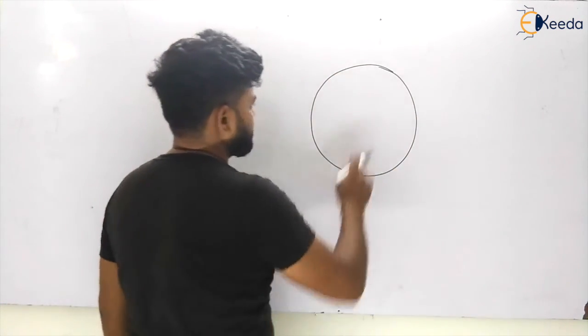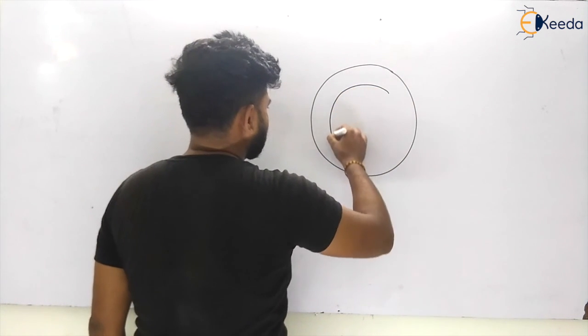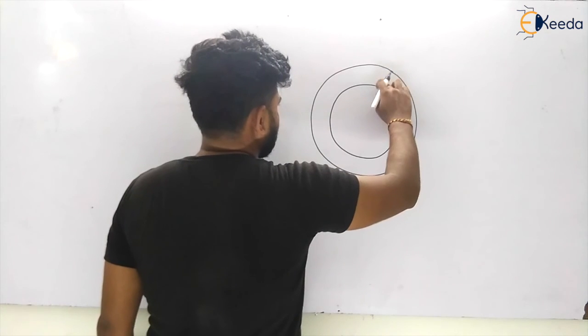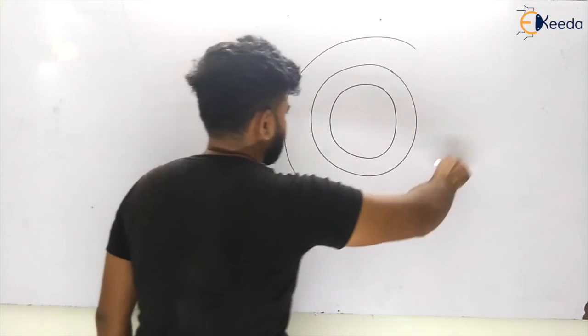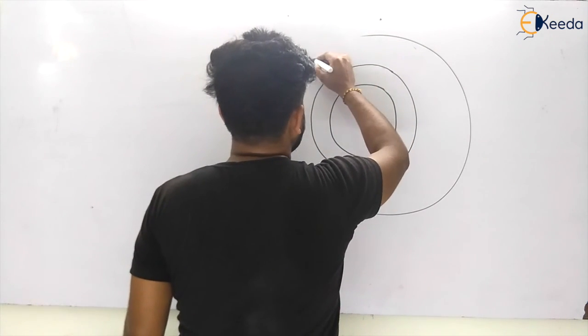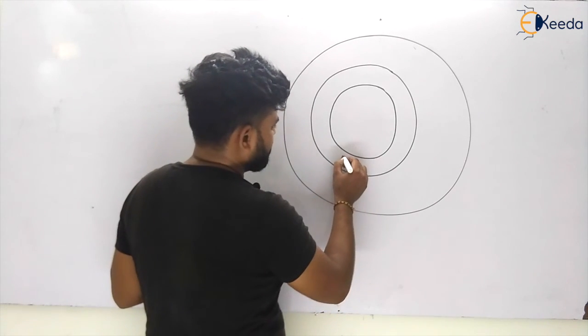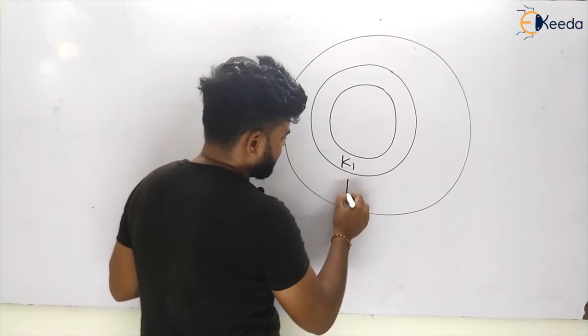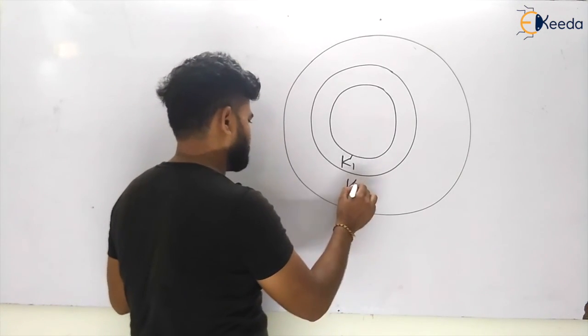So this is your composite sphere, made up of different materials having different thermal conductivities. Let us say this is of conductivity K1, this is of conductivity K2.